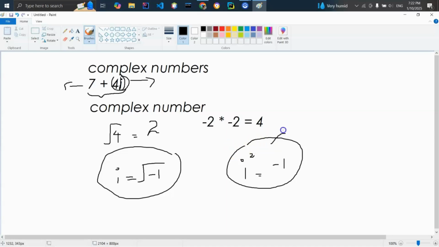The reason is, when we multiply square root of minus 1 by square root of minus 1, it equals minus 1.